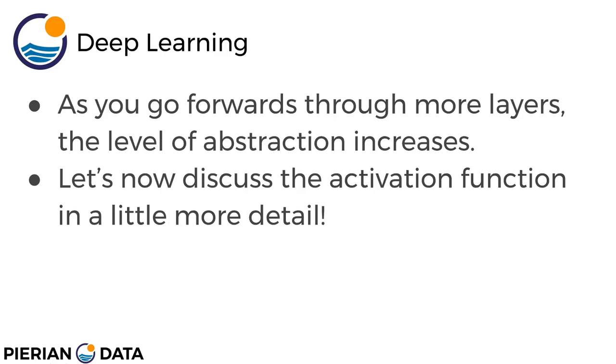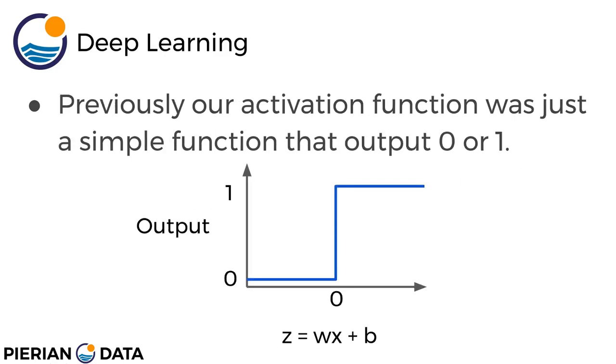Let's now discuss the activation function in a little more detail. Previously, our activation function was just a really simple function that output 0 or 1. Remember, we were just taking the sum of the inputs in that simple perceptron model and then had an activation function that just had an output of either 0 or 1 based off whether the number was positive or negative.